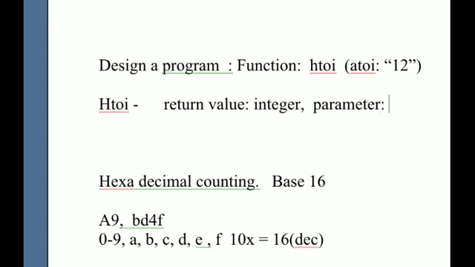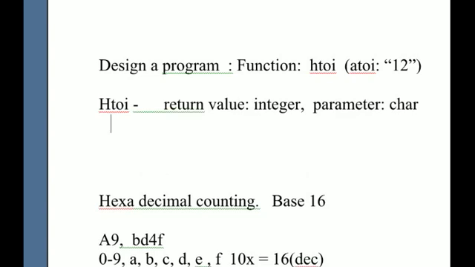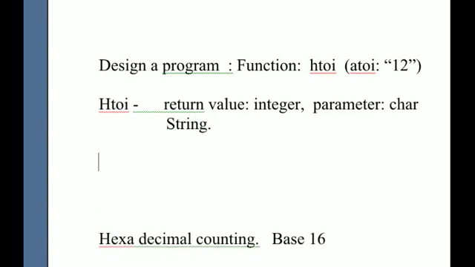Sorry, parameter is not integer, but it's a character string. So, for example, we want to give h to I a parameter, and let's say ax, we always finish it with x, and we want to get back from h to I the number 10.